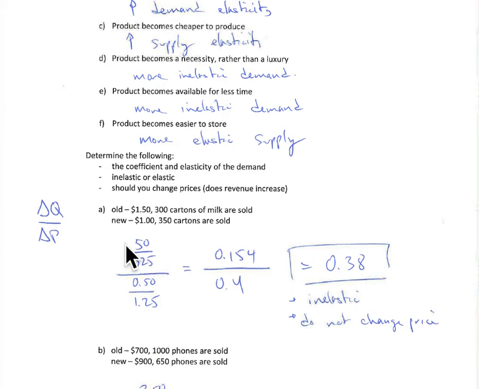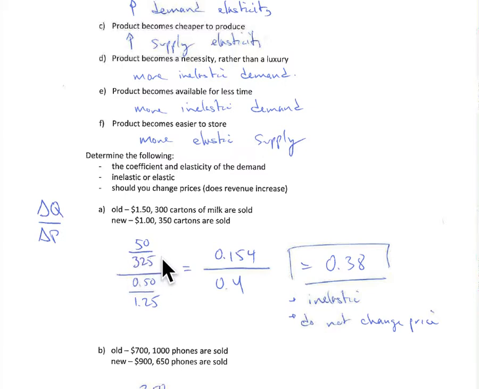Elasticity is the change in quantity over the change in price. So what is the change in quantity here? Quantity went from 300 to 350. So 350 minus 300 is 50. And the average, 300 plus 350 divided by 2, is 325.